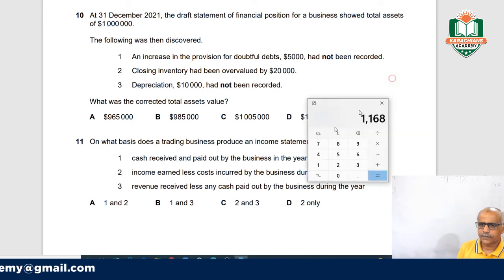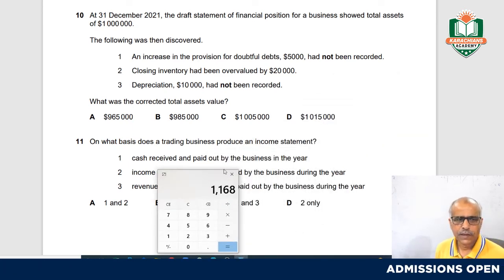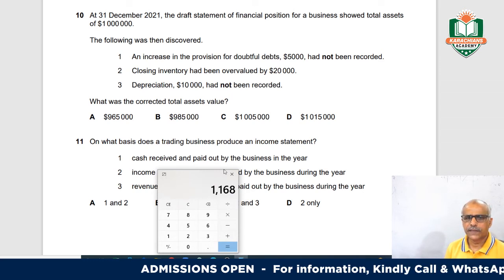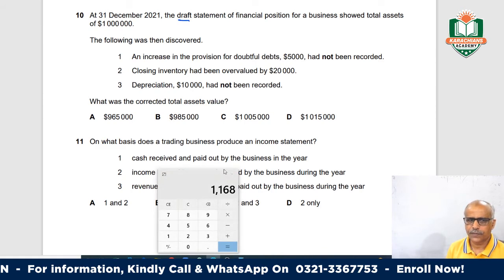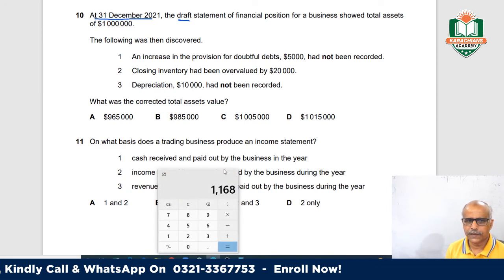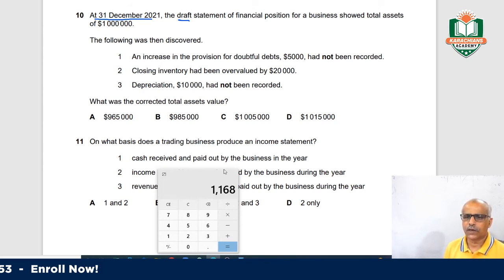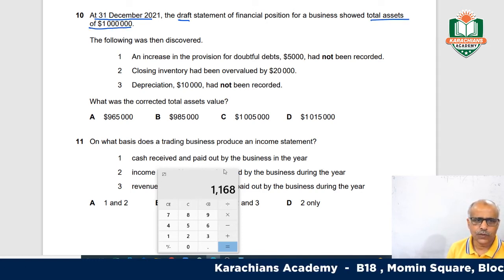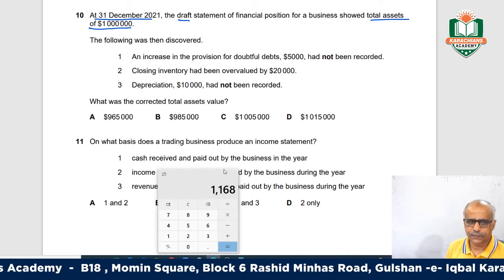Question 10. What does question 10 say? At 31st December 2021, the draft statement of financial position for a business showed total assets of 1 million, right?